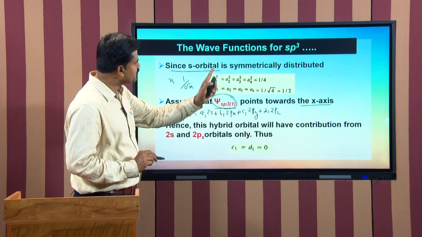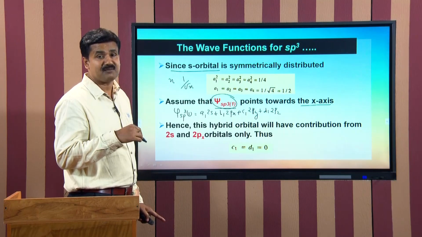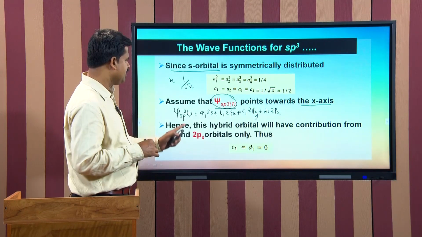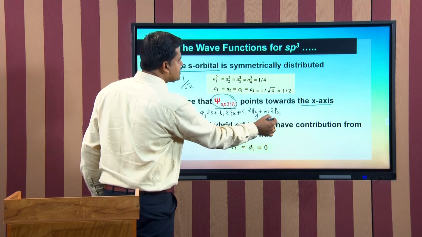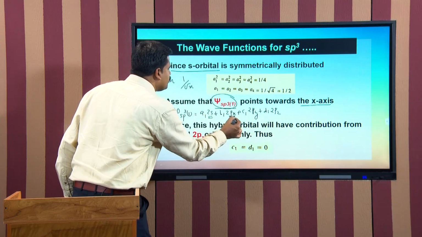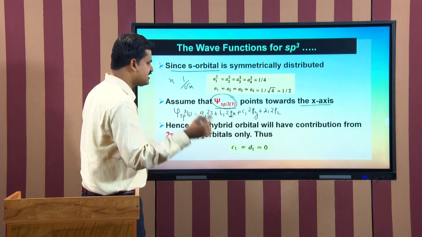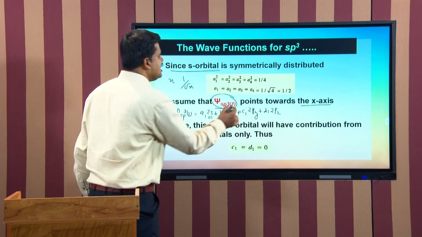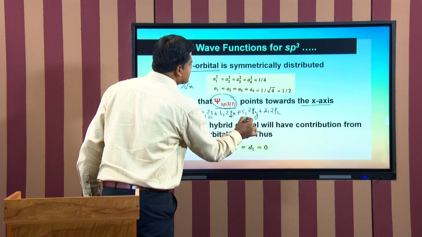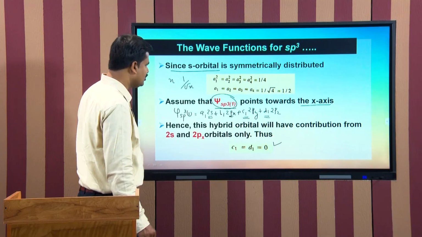Since it is pointed towards the x-axis, it will not have any contribution from the y or z Cartesian components. Hence, the hybrid orbital will have a contribution only from 2s and 2px. No contribution from the y-axis or z-axis. That simply means that the coefficients C1 and D1 will be equal to 0.